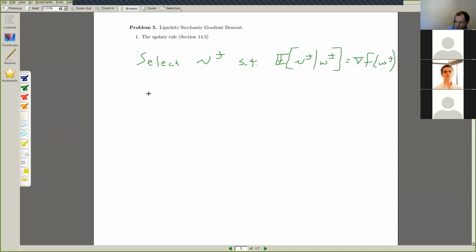And then set W_{t+1} equal to W_t minus eta V_t.